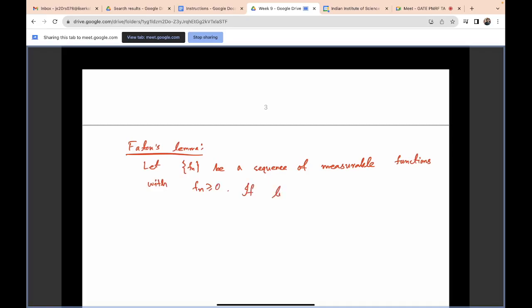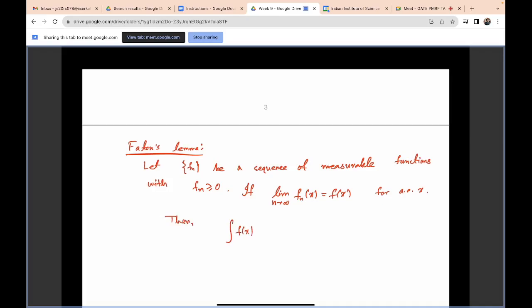If the limit as n tends to infinity of f_n(x) goes to some f(x) for almost every x. Here we do not need this, so I am writing it in general.